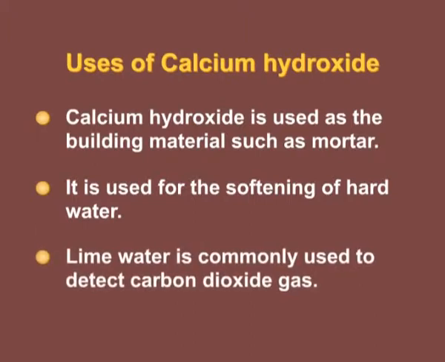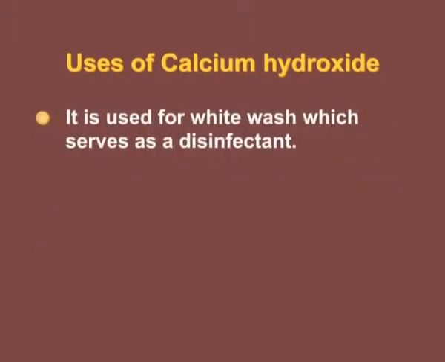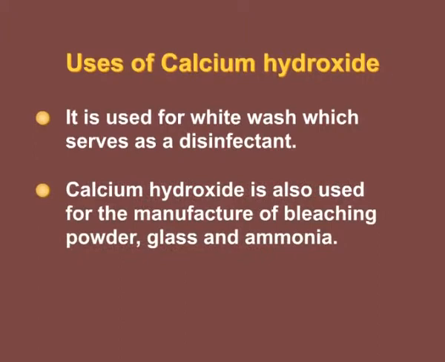Lime water is commonly used to detect carbon dioxide. It is used for whitewash, which serves as a disinfectant. Calcium hydroxide is also used for the manufacture of bleaching powder, glass, and ammonia.